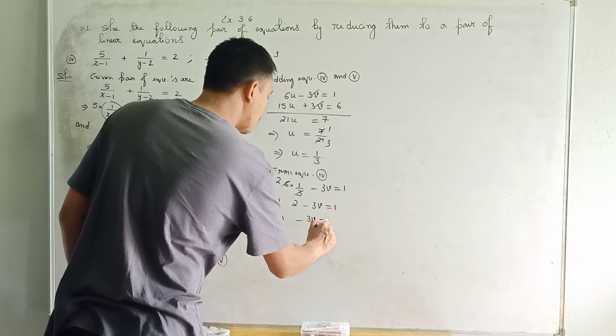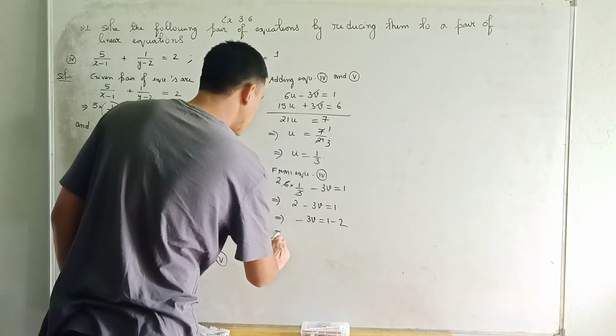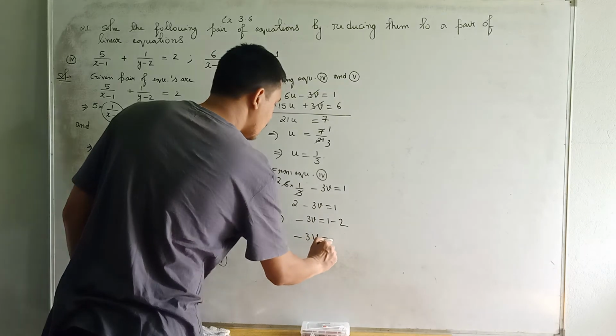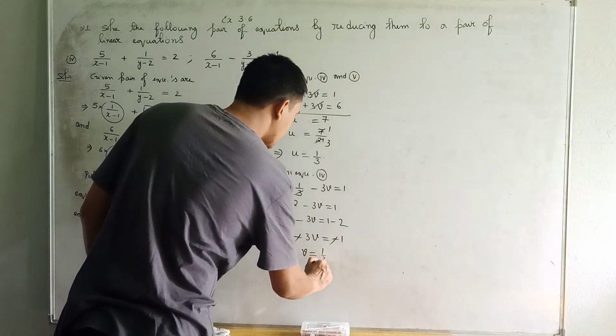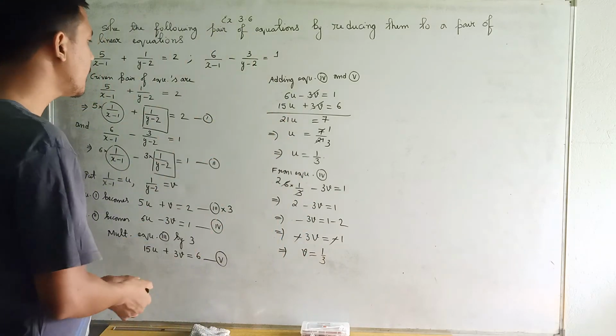Minus 3v is equal to 1 minus 2. Minus 3v is equal to minus 1. So v is 1 by 3. So we have obtained u and v, but that's not it.